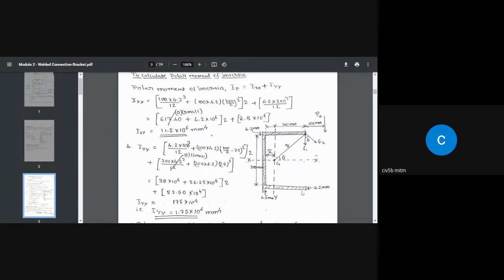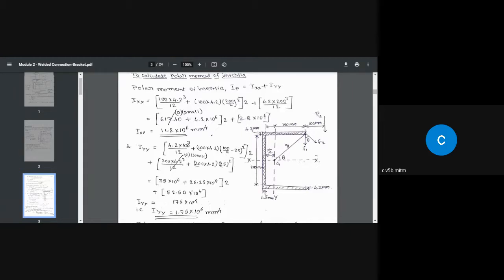Plus the moment of inertia of this weld about the same centroidal axis: 4.2 is the width multiplied by 200 cube by 12, BD cube by 12. Plus, can we apply the parallel axis theorem? Of course, you can, because the horizontal centroid of this weld area coincides with the main centroidal axis.